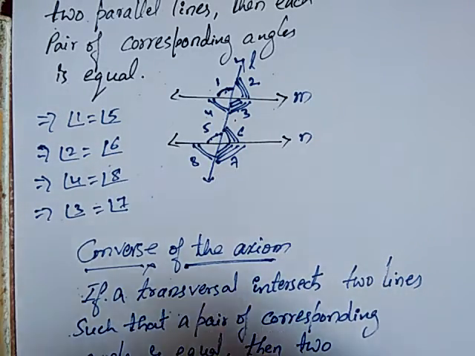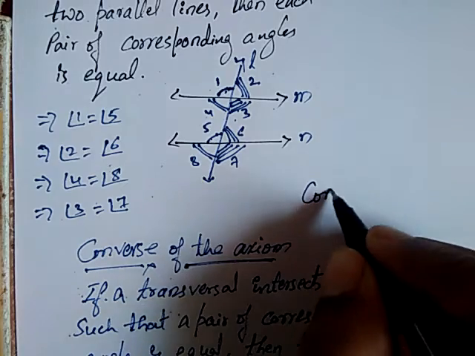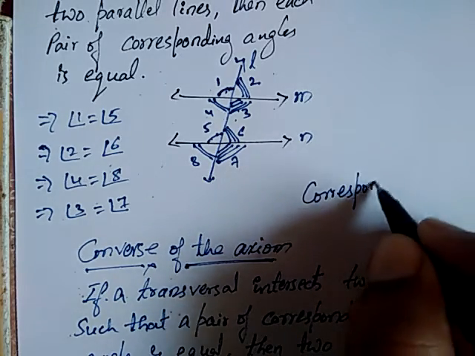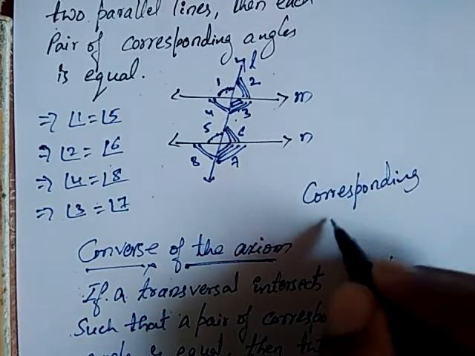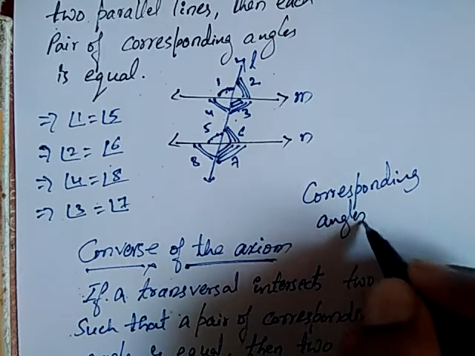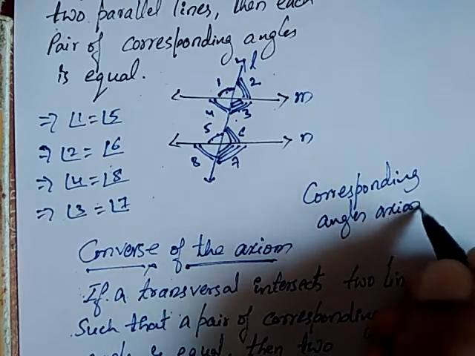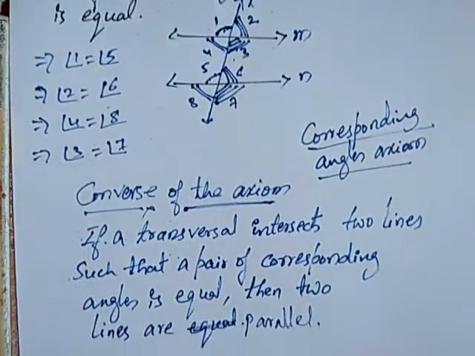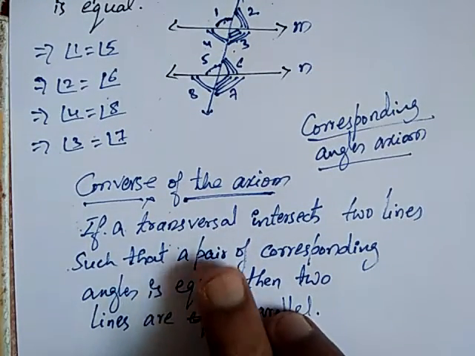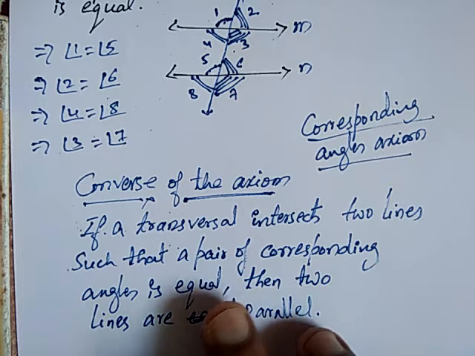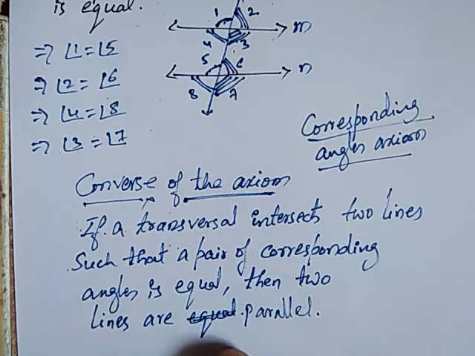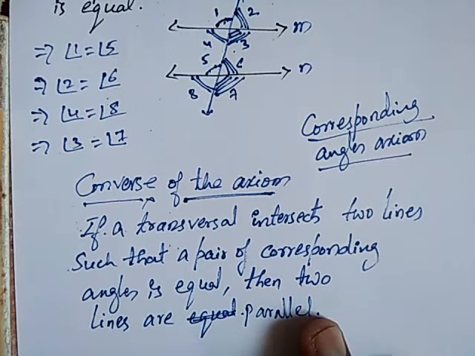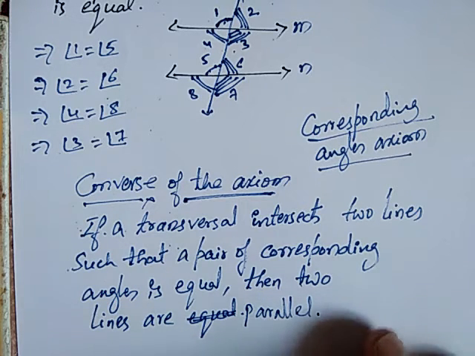So these two axioms we can call the corresponding angles axiom. These do not have a proof; we just remember the statement, and the converse of the axiom. So once again, if the corresponding pair of angles are equal, then the given two lines are parallel. This is the converse of the above axiom.